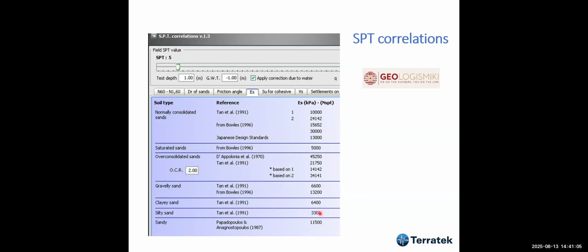Oh no, the least one is 33,000, because it's a silty sand, and it goes up to 30,000 for normally consolidated sand. But overconsolidated sand is 45. So there's a big difference. So that's why you can't rely only on SPT. SPT gives you a direction, but then you have to do additional tests in order to get parameters.